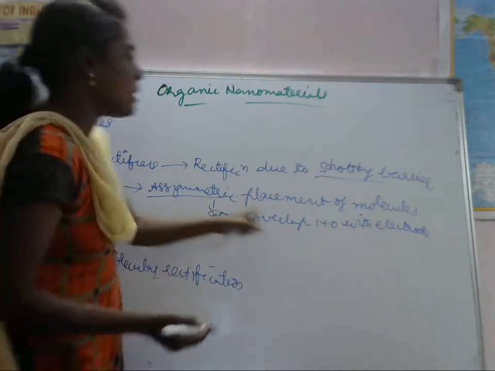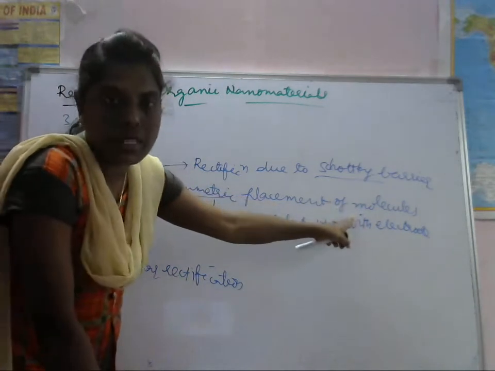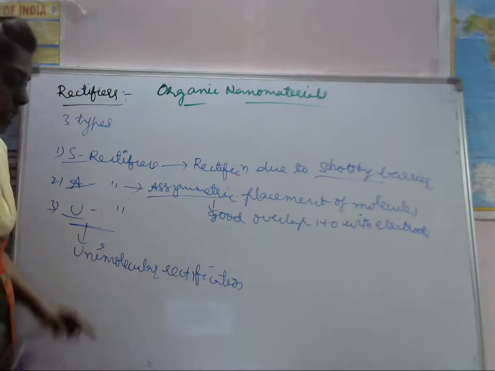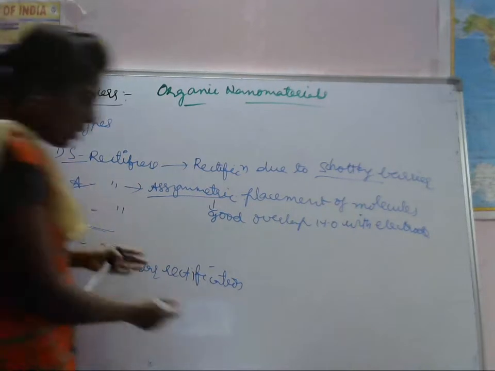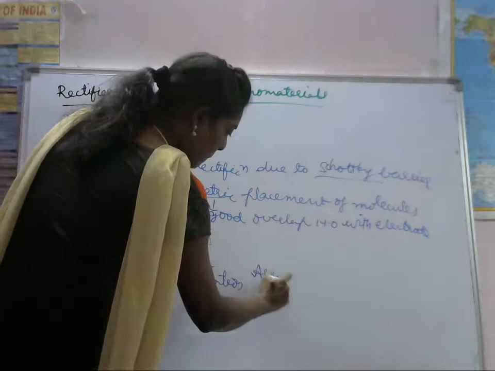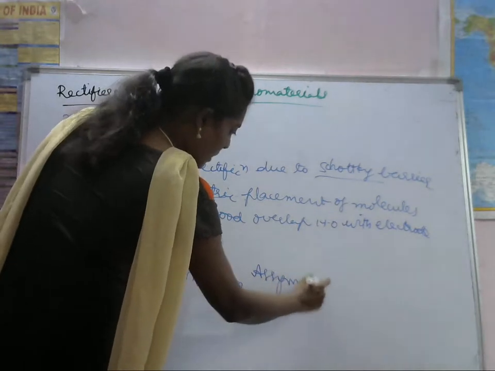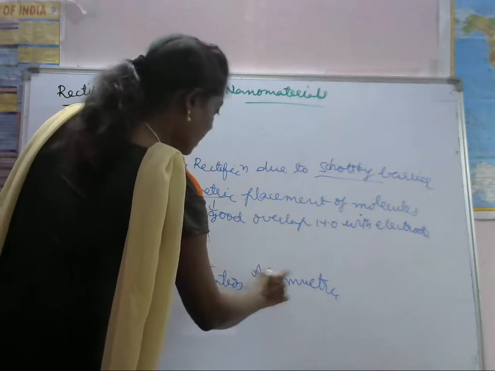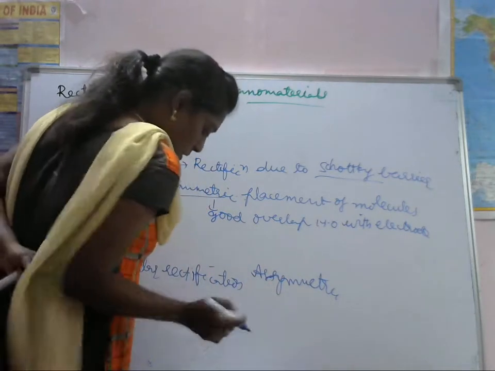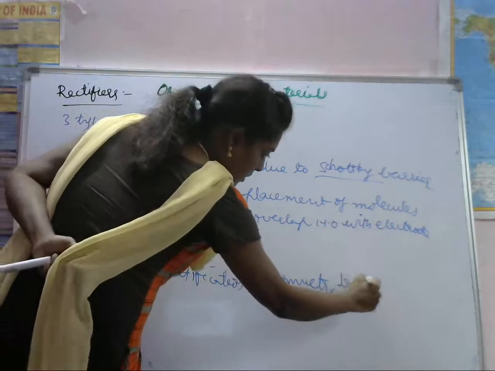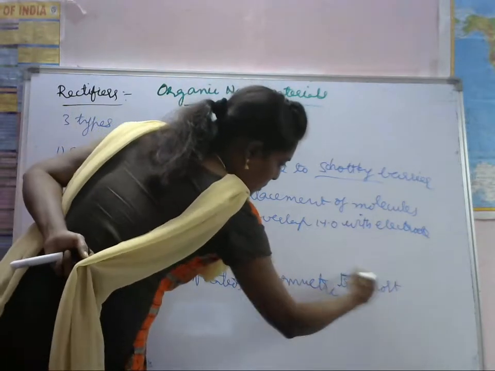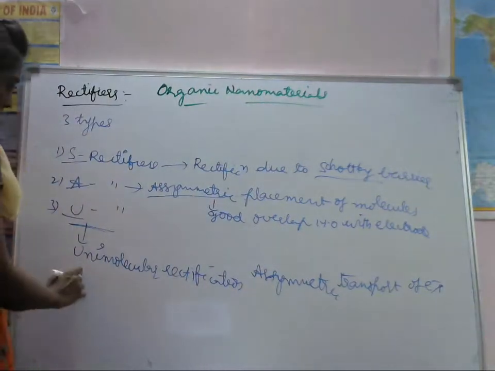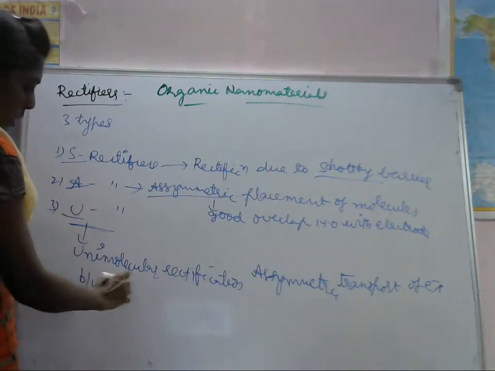In A rectifiers, asymmetric placement of molecules is present, but in unimolecular rectification it is due to asymmetric transport of electrons between the molecular orbitals.